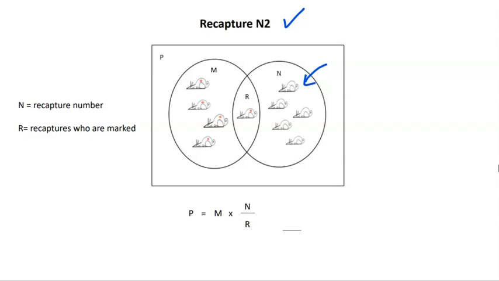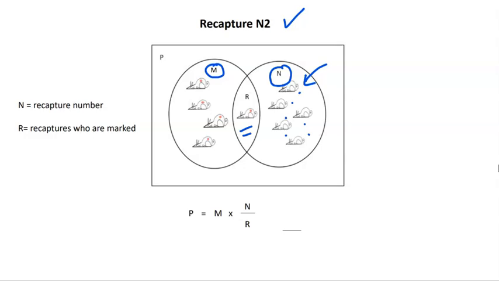So amongst the population of mice that we recapture, there will be many of them without a mark, and that gives us the number N. Remember, M was the original first capture, N is the second capture, and R represents those individuals in sample N which already had a mark on them.